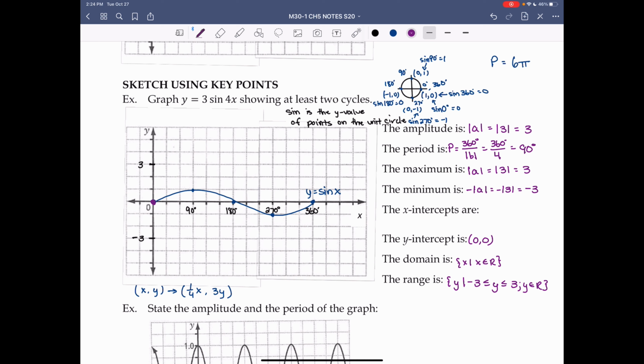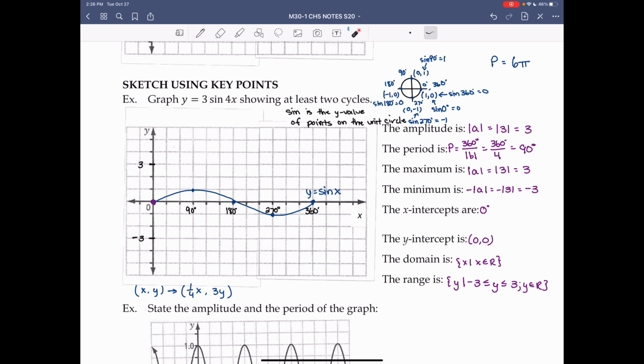Our x-intercepts of sine x are 0, 180, and 360 degrees. The x-intercept of 0 is not going to change because if we multiply it by 1 over 4, it's still going to be 0. So we still have an x-intercept at 0 as well. Since our y-intercept is (0, 0), we have an x-intercept at 0 degrees.